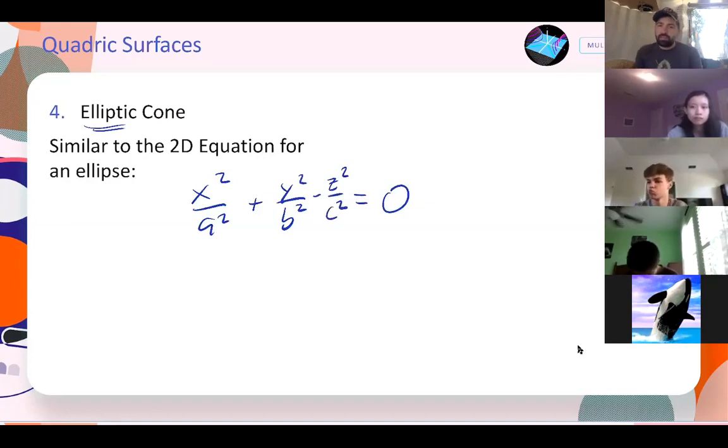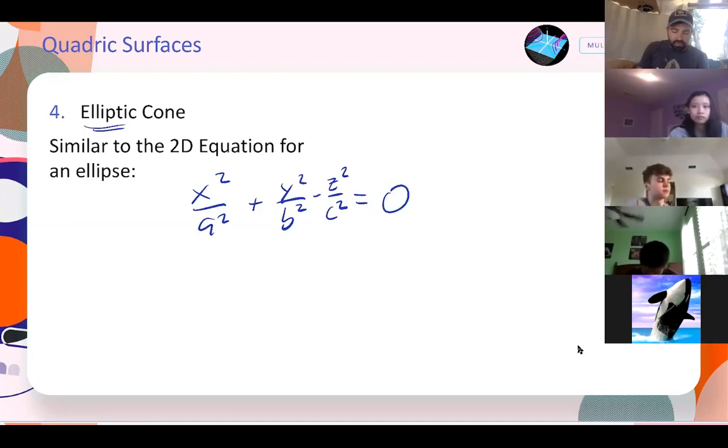Okay, if we added a plus, that's still just a point. There's only one place that'll be, so that's not really a useful one. But minus will give us different x's and y's that could make this thing true, since I'll have that positive x squared plus y squared, and a minus the z squared part. I can get 0 with different stuff there. So this is an elliptic cone. It's essentially a cone.